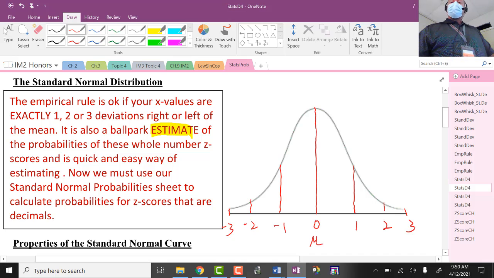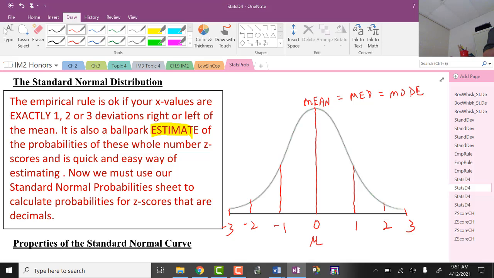This is also the mean being equal to the median and the mode. That is a standard normal curve, okay, where we are perfectly symmetric, all right? So those 3 things are actually equal.